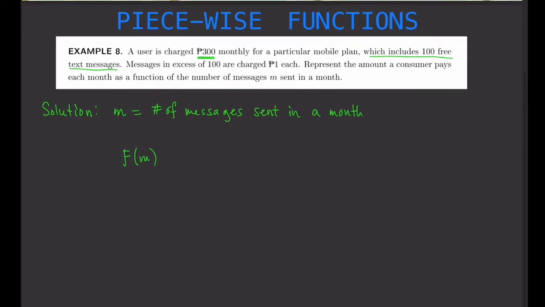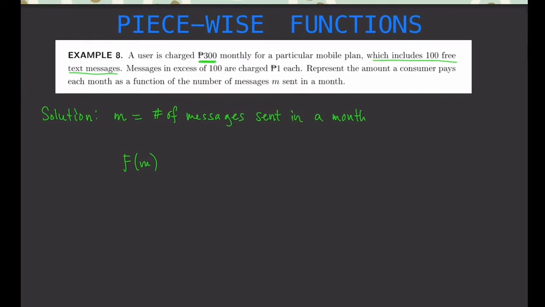So from here we can see that f of m is 300, meaning the charge is only 300 pesos. But that's only true if m is greater than or equal to 0, but less than or equal to 100.